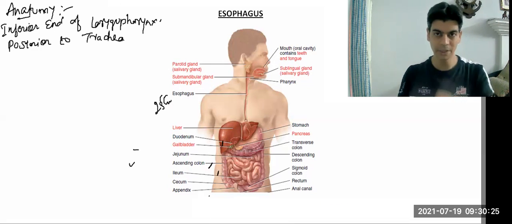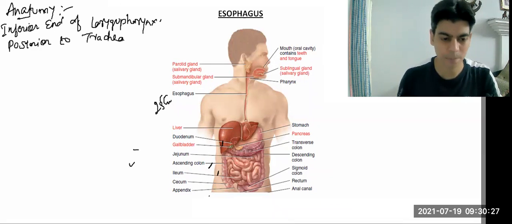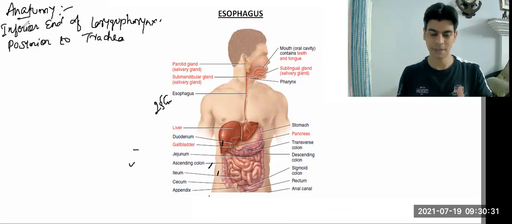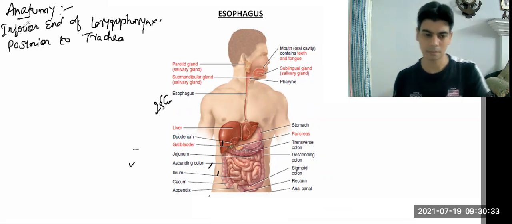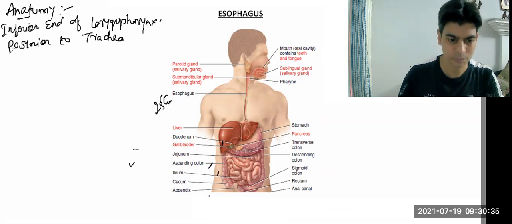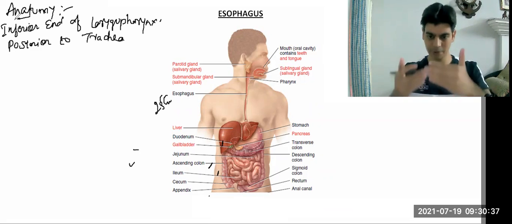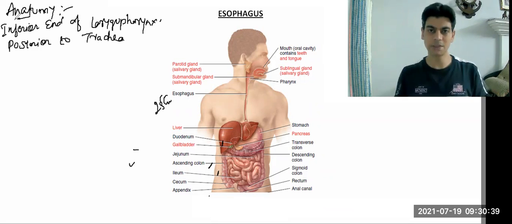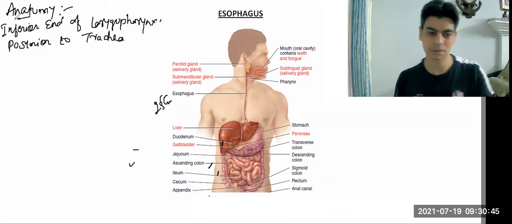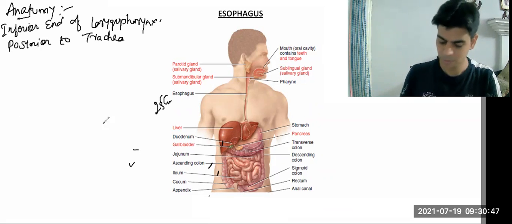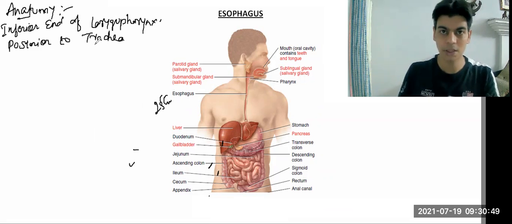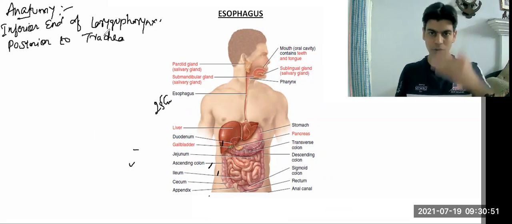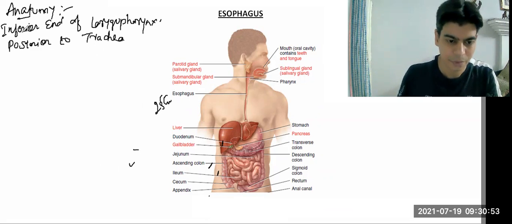It passes through the mediastinum, which is a part of the thoracic cavity, behind the heart. Then it further comes down and pierces the diaphragm through an opening called the esophageal hiatus. This is very important. You can imagine, if you look at the diagram, all the places through which your esophagus is passing.